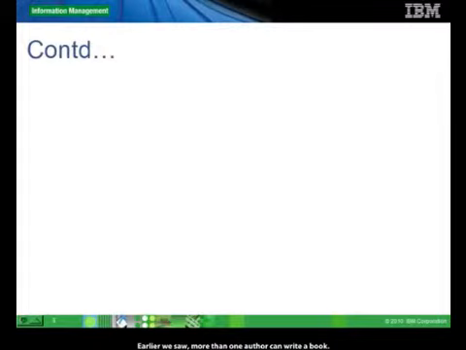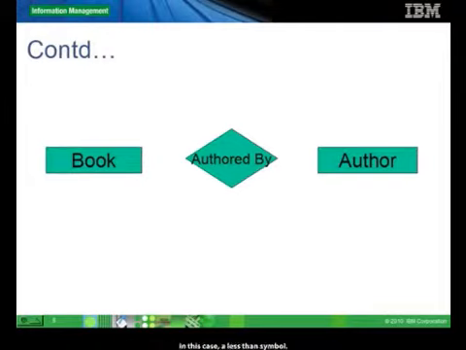Earlier, we saw more than one author can write a book. This can be represented with a different Crow's Foot notation, in this case, a less than symbol.